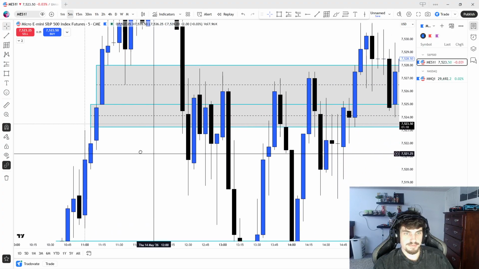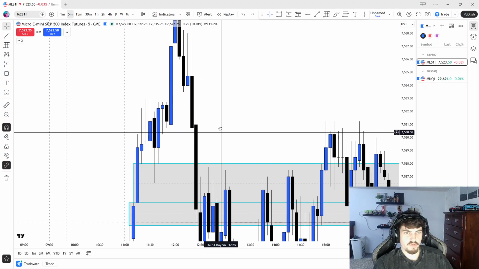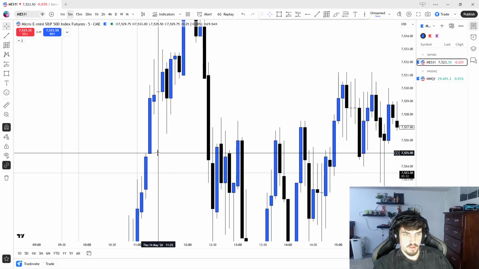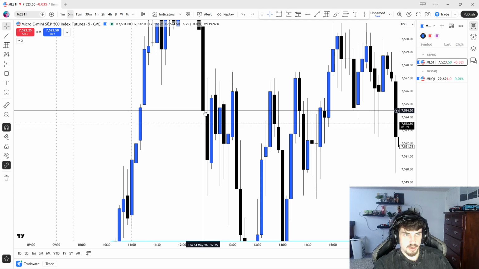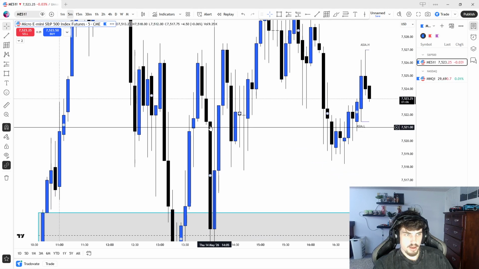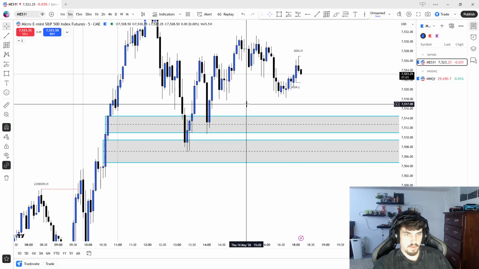Okay, we have gaps right here. We get retests into it, and then we move higher. So these gaps no longer matter. We're not looking for this gap when we come back down into this range right here, even though it does get a little bit respected, but it's not what we want.